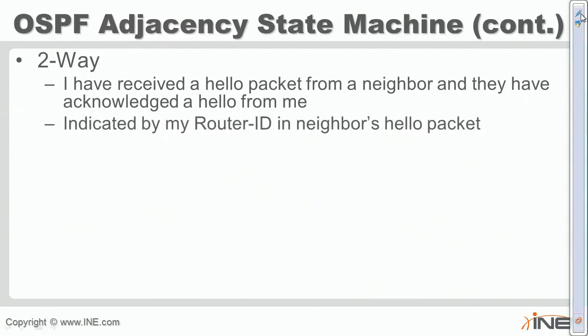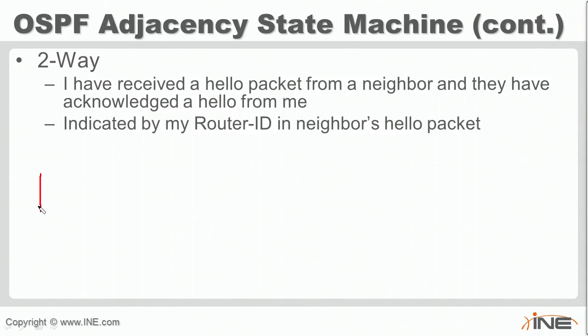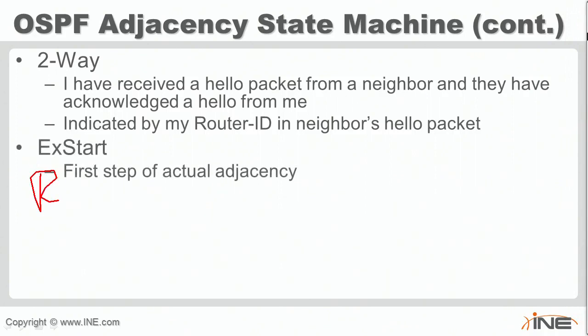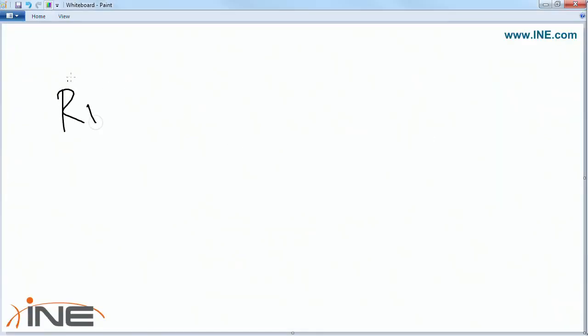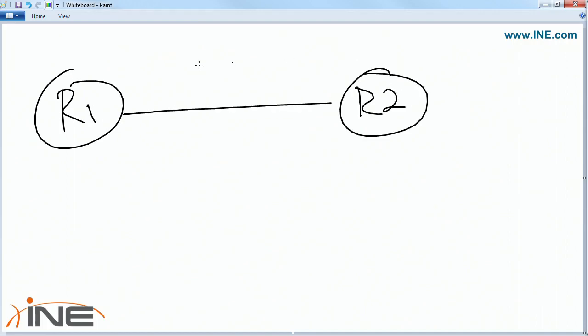The two-way state essentially says that if router 1 and router 2 are trying to establish adjacency, router 1 sends out a hello.